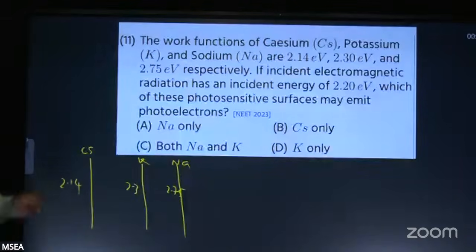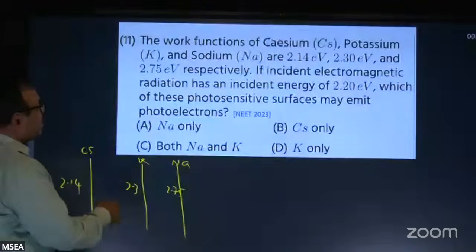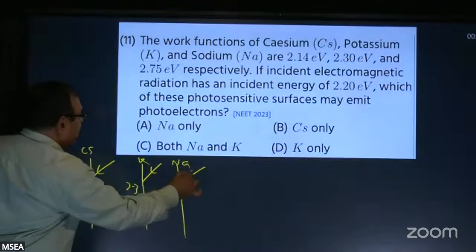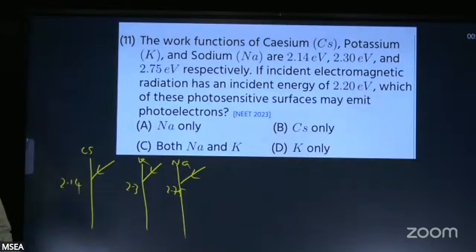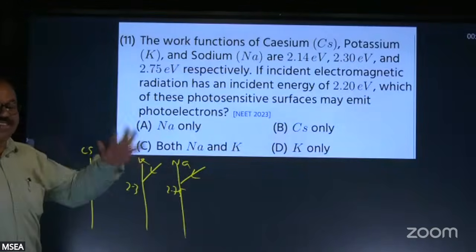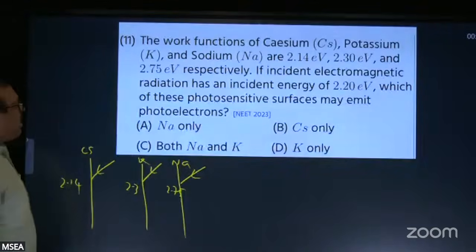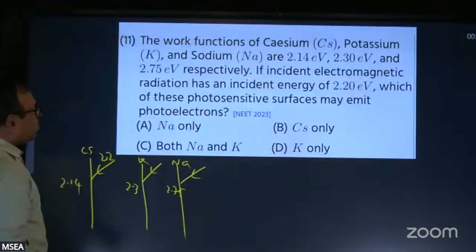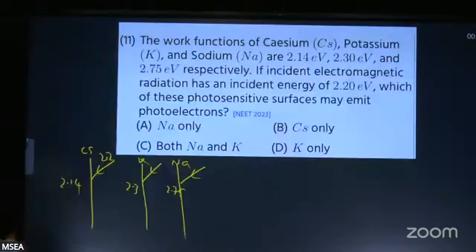The incident electromagnetic radiation has some incident energy. Whatever energy is falling on these three different surfaces, they have different work functions, but the same energy is falling on all three. The energy is 2.2. Which of these photosensitive surfaces may emit photoelectrons?